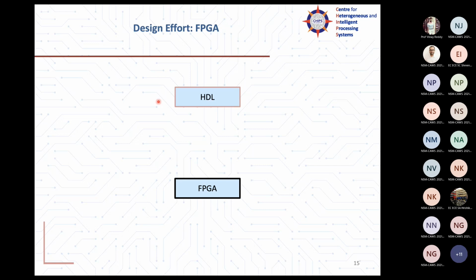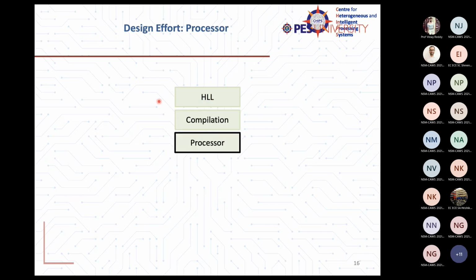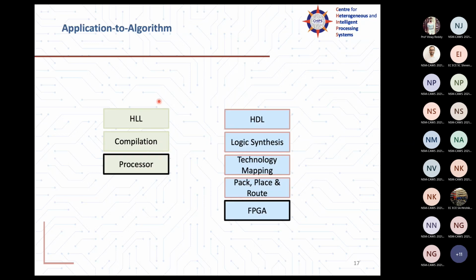You write your code in your high level language. Of course, there are methods of parallelizing it. There are some programming language level details that you need to get into, but taking a high level language and putting it onto a processor is simply a compilation process, which is very straightforward as compared to what happens on an FPGA.